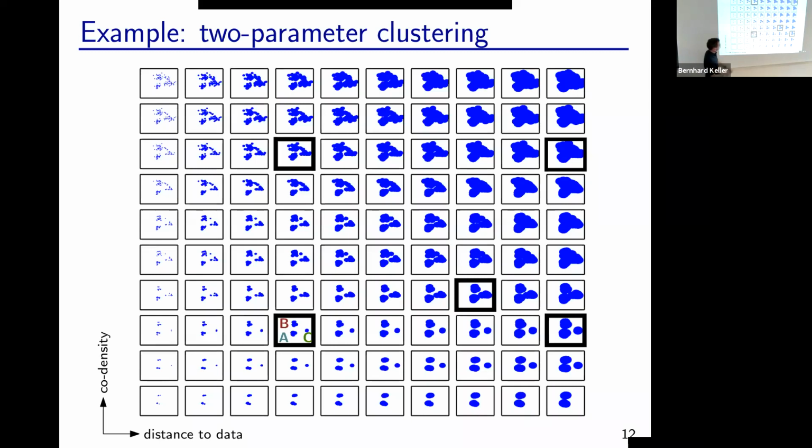And what happens is that A merges with B when you go to the right. Then B merges with C when you go to the top. And then somewhere diagonally, A merges with C. So basically, these three connected components merge independently in three different ways before merging together.